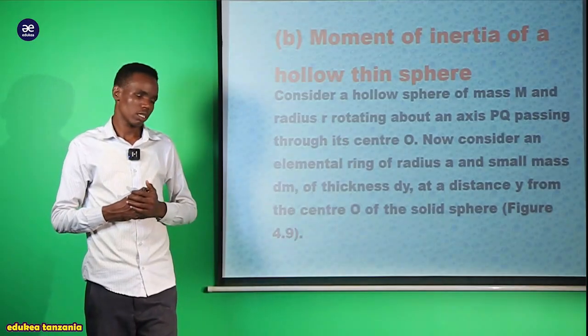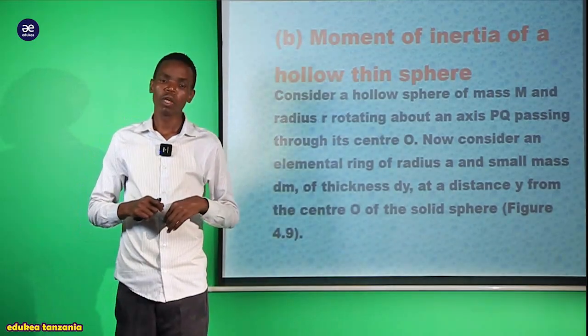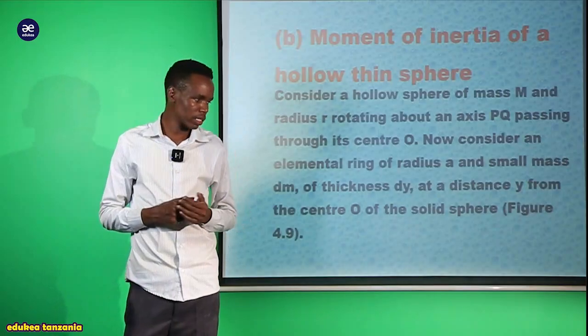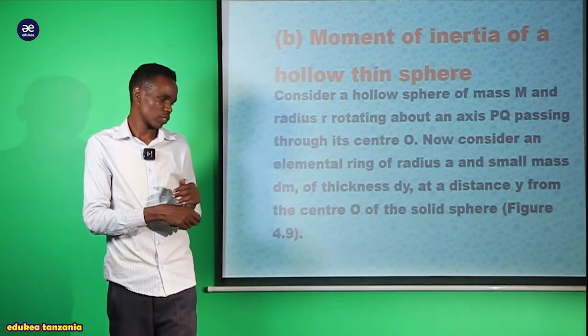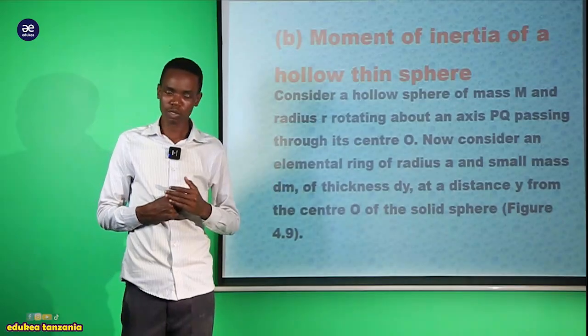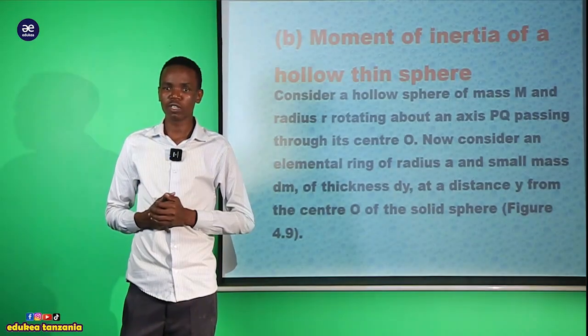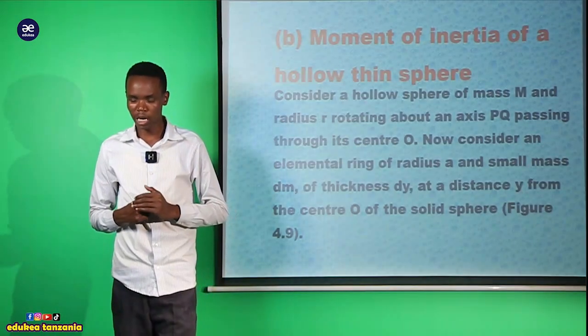It means it contains the mass dm with a thickness of dy at a distance y from the center of the sphere. That is what we are going to see in our figure number 9.